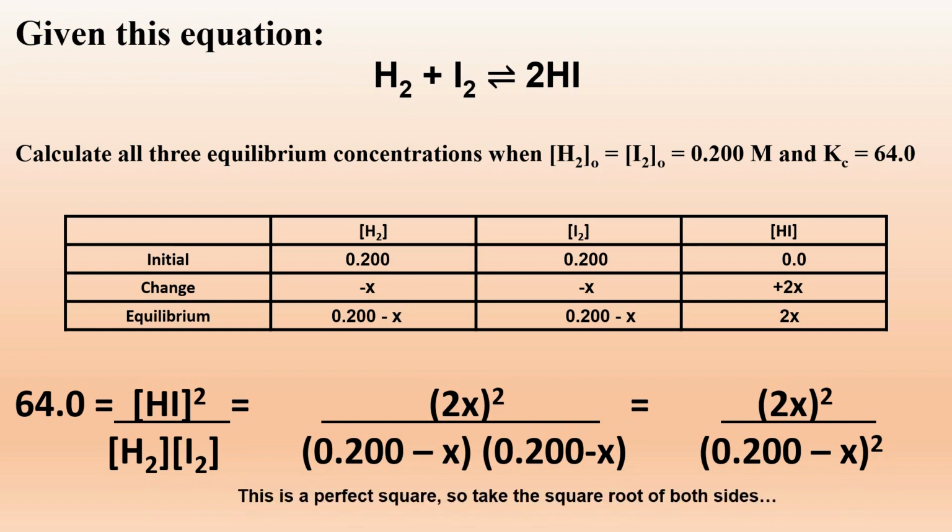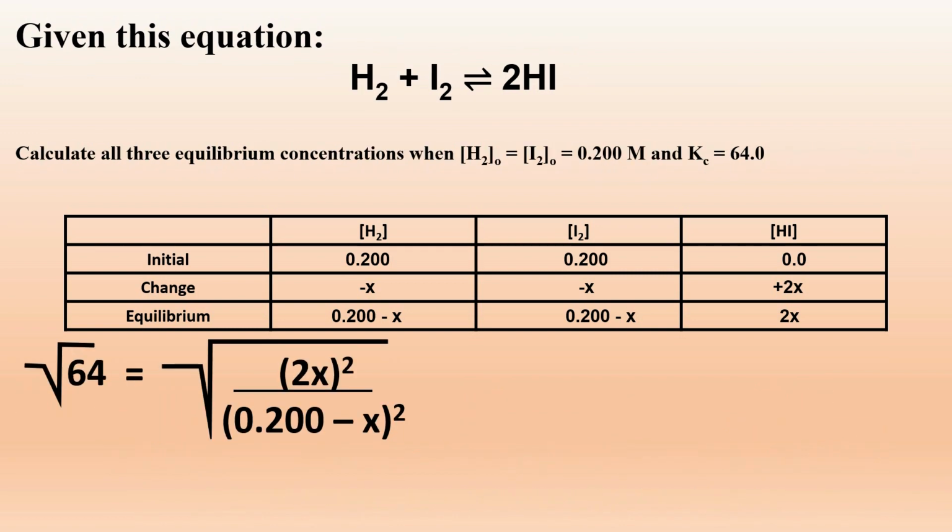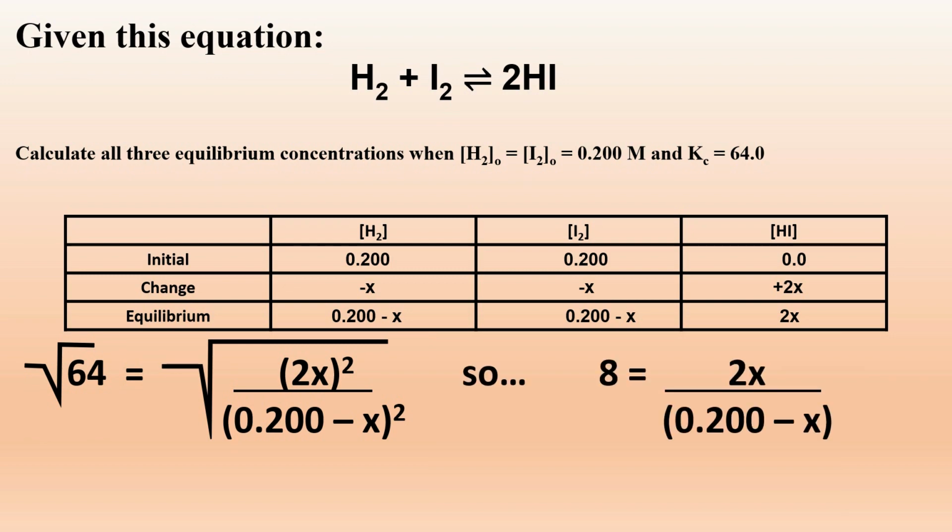This represents a perfect square, so we may now take the square root of both sides of the expression. The square root of 64 is equal to the square root of 2x squared divided by 0.200 minus x squared. This simplifies to 8 is equal to 2x divided by 0.200 minus x.